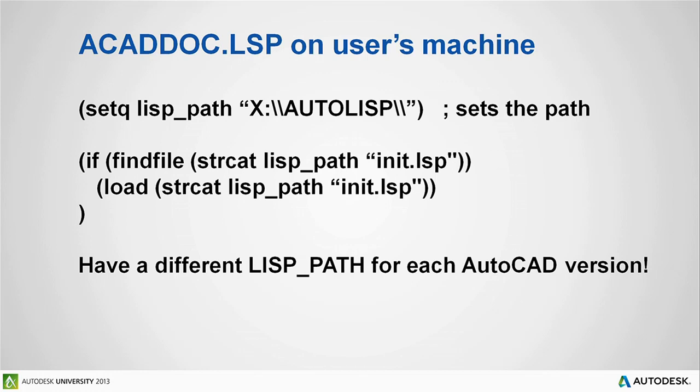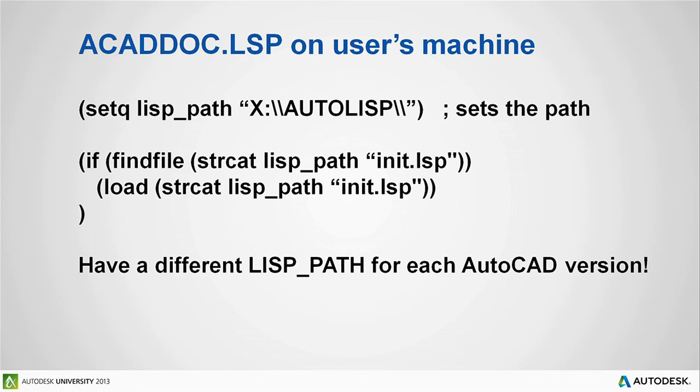I'm pointing that off to an X drive and a specific folder. And obviously, you put whatever makes sense for you in there. Then in this segment, I say, if you find the file, and here I do strcat, or string concatenate, where I combine that path with the name init.lsp.